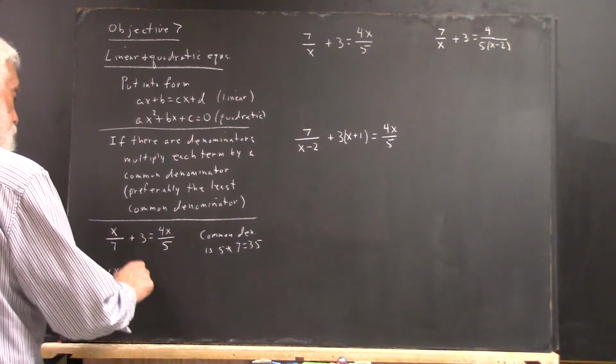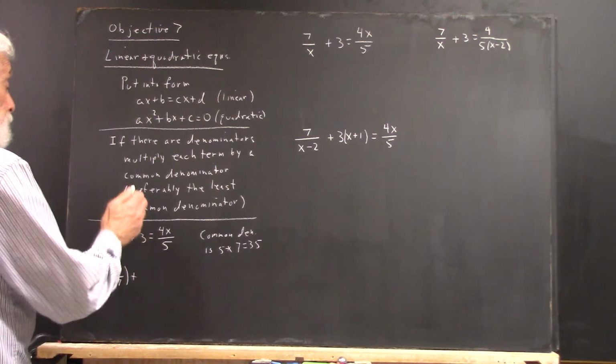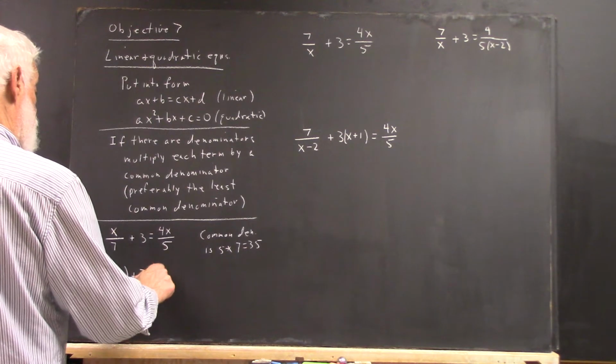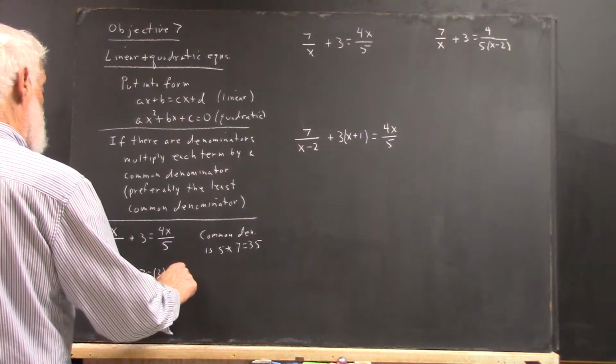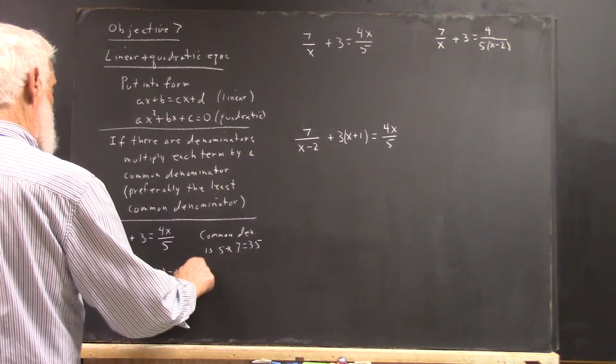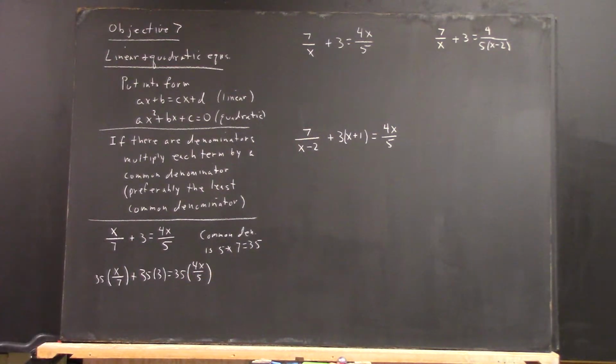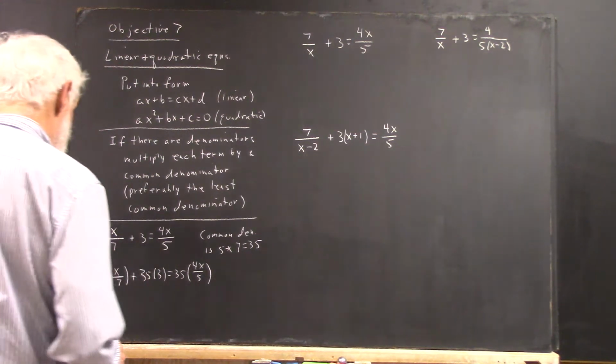And this is another term. Terms are what you separate with pluses and minuses and equal signs. Okay, so we multiply 35 by 3. And we get this. And then these can be rearranged.